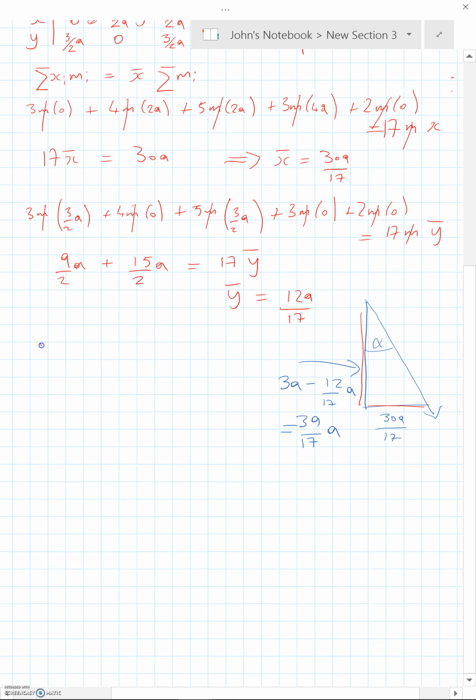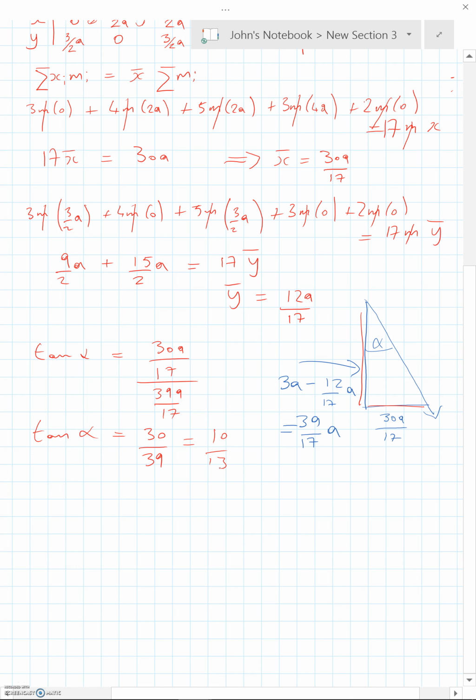We can say that tangent alpha, opposite over adjacent, is equal to 30a over 17, all divided by 39a over 17. Obviously the 17 cancels, the a cancels, so we get tan alpha is equal to 30 over 39, which is equal to 10 over 13.